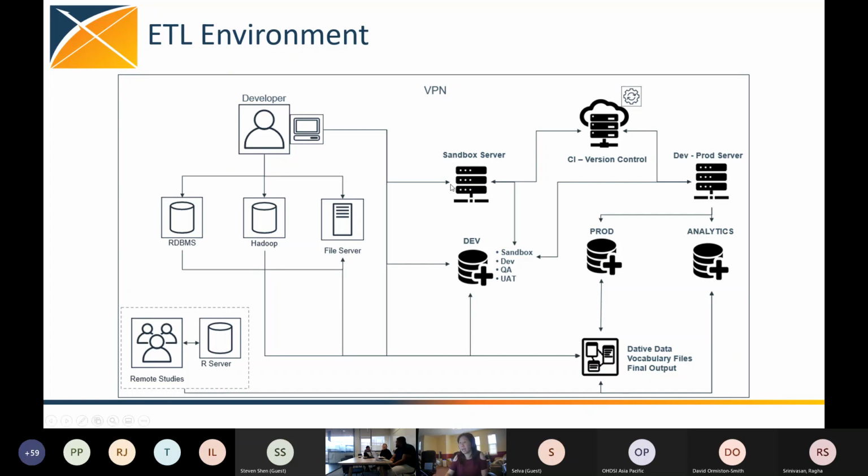The sandbox is where our development team plays, in their own environment. Each person has their own sandbox. They play in there, they change their code. It's only the code that they're working on, because we can have multiple people working on the same database at the same time, especially when I'm doing a new conversion.